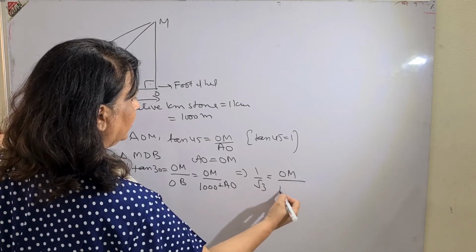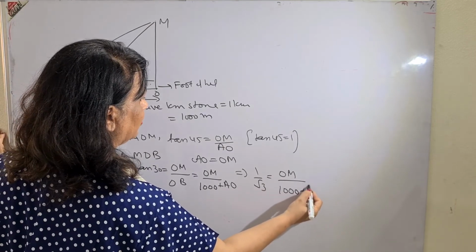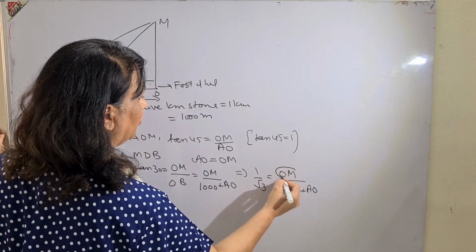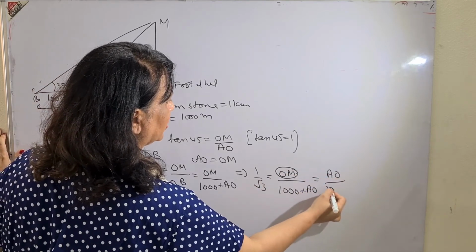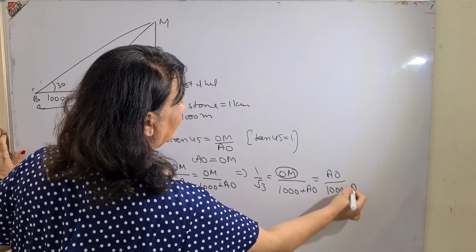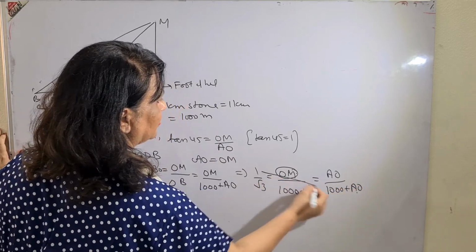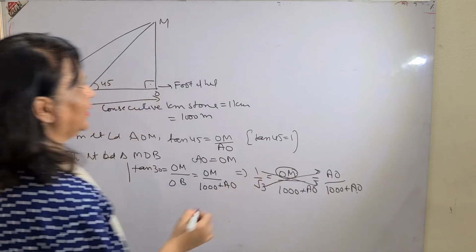You know that 1000 plus AO, you substitute the value of AO in place of OM and then do the needful cross multiply and get your required answer. Cross multiply, you will get AO.